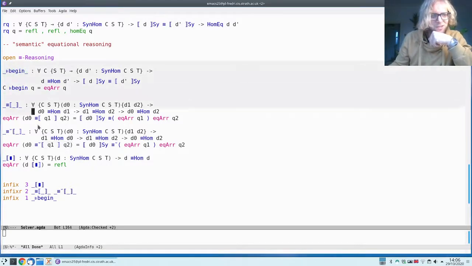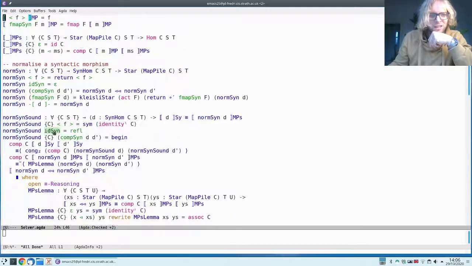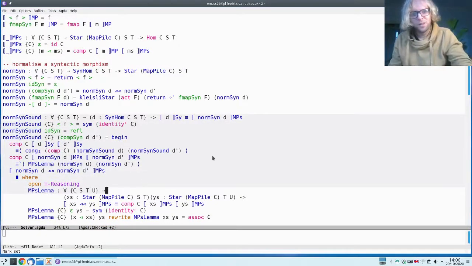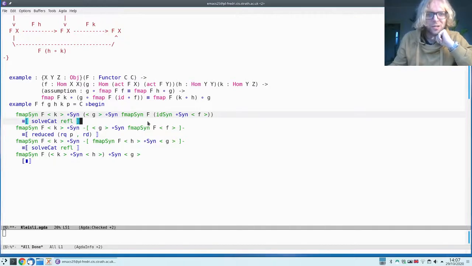But there's not much cleverness going on here. All the cleverness is here in the reduced function and here in the soundness lemma for the normalization. And it allows us to write proofs like this, where many of the trivial steps are really trivial, which is nice.